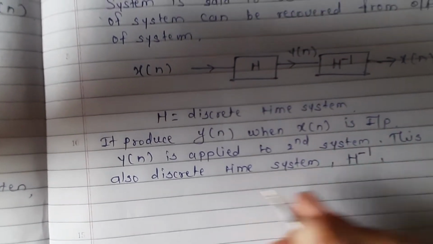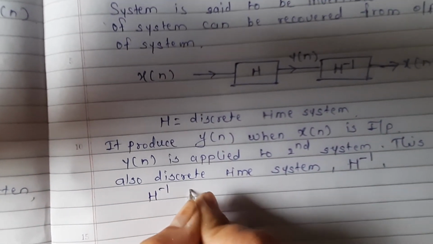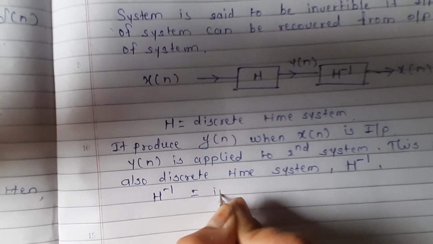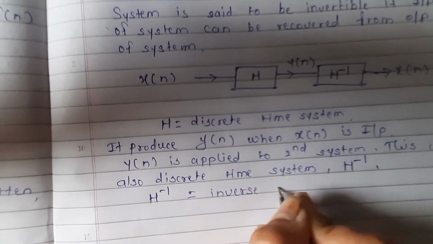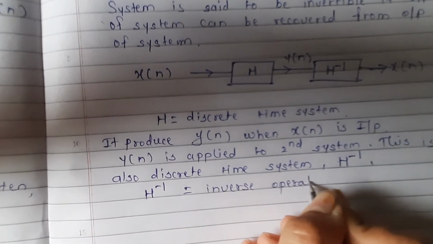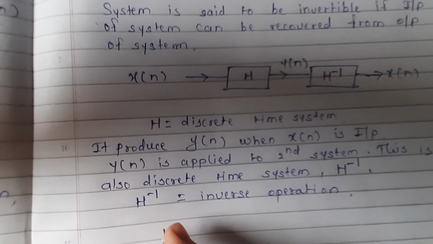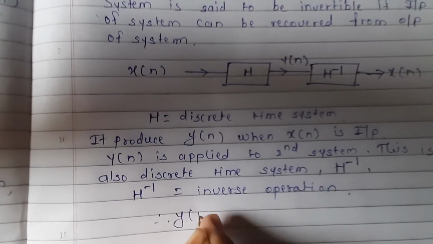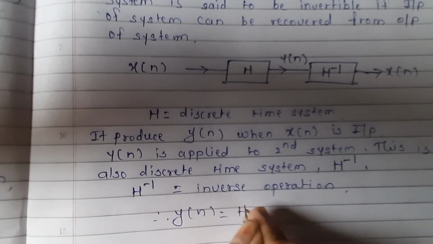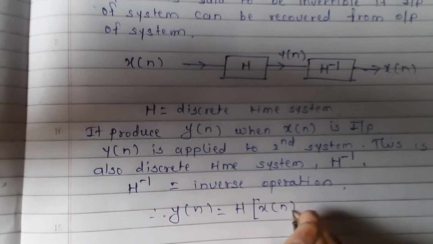So this h raised to minus 1 denotes the inverse operation. It denotes inverse operation.